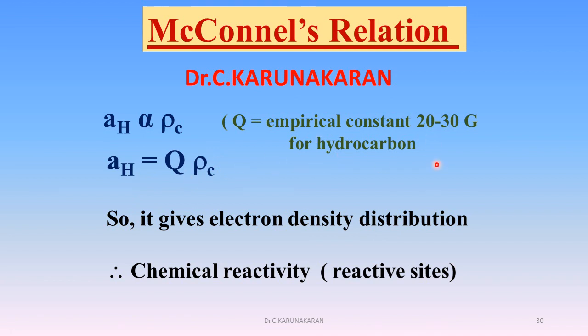It is 20 to 30 Gauss for hydrocarbon radicals. Using this expression, once you know the hyperfine coupling constant from the experiment and the Q value, you can calculate the unpaired electron density. Rho C will give the unpaired electron density distribution. Using this, we can predict the chemical reactivity site.